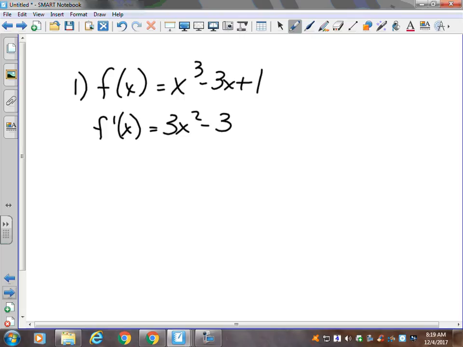All right. Everybody set that equal to 0 and solve. Don't call out the answer. Give everybody a chance to find out how many numbers they get.